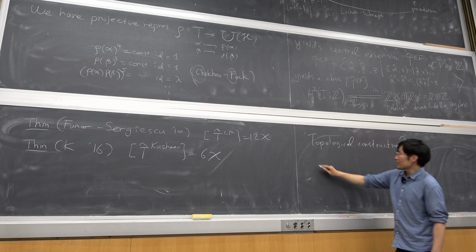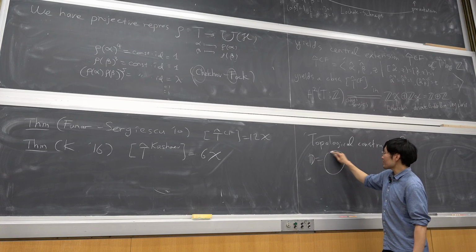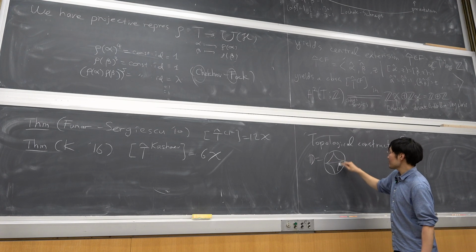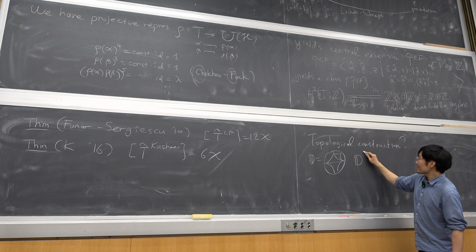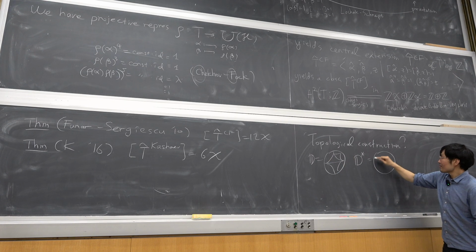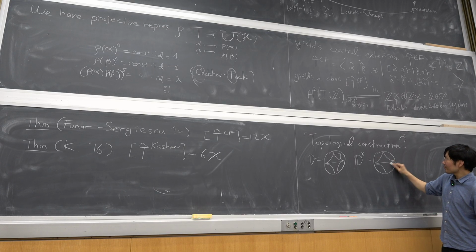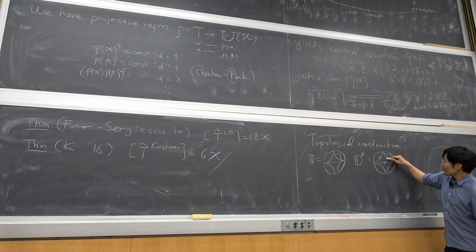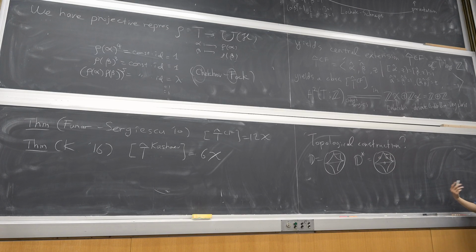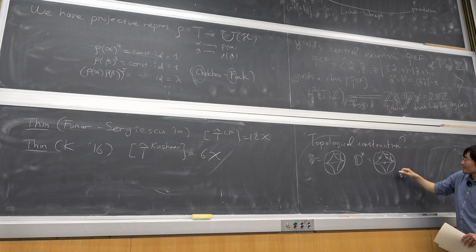So we had D, the open unit disk with infinite tessellation. Consider D star, which is the same D, but now you introduce a puncture at every edge. So it's an infinitely punctured disk, but you still remember this structure, these arcs.